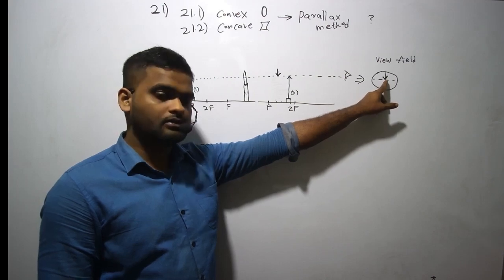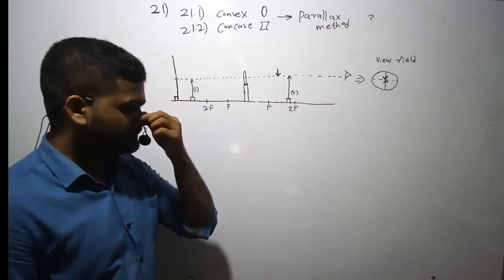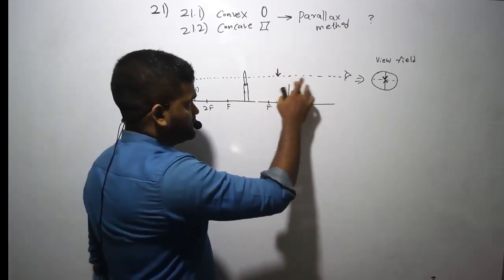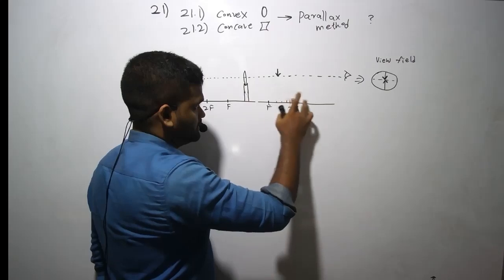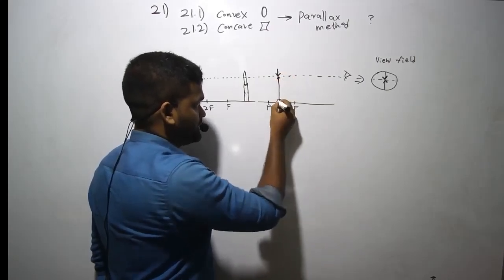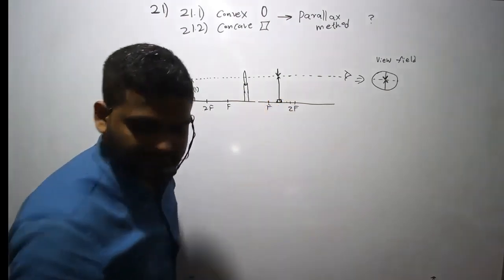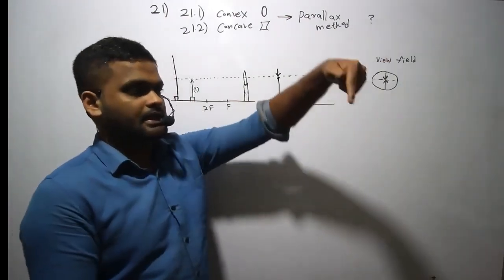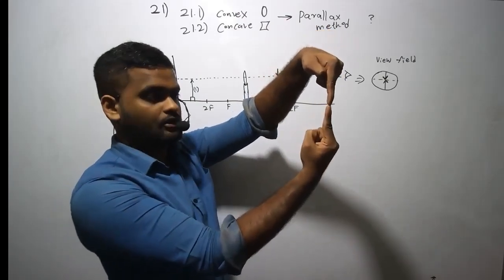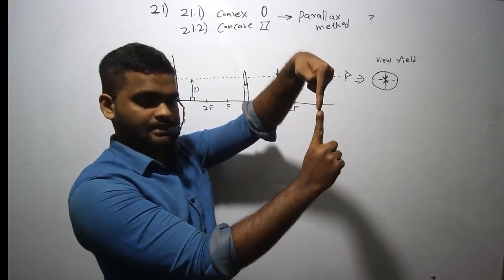you see no parallax here, right? So let's say you move this pin to this side, so it coincides with the image. Let's say this is the inverted image, and you place the observing pin here, and they are coinciding.